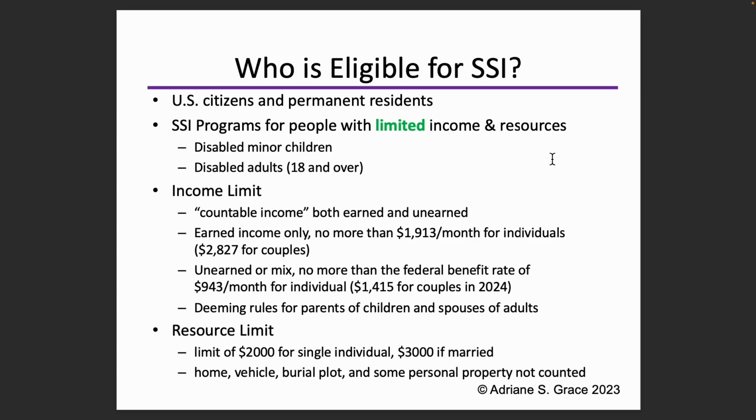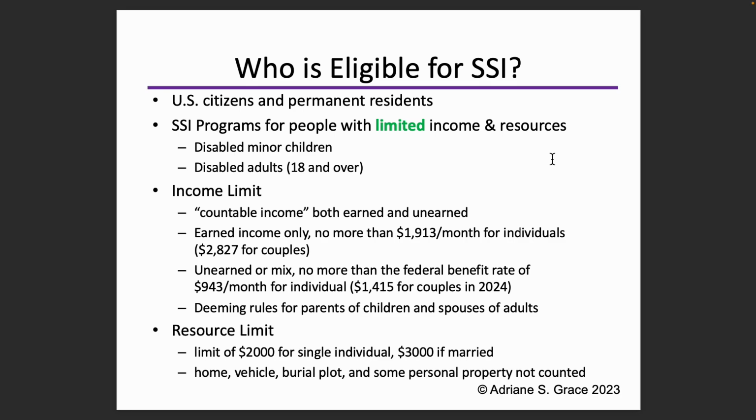Again, it's for disabled adults 18 and over. There is a component for disabled minor children. But because this program is a welfare program, it's for people who can't work and have never worked before. It's going to look at whether you have limited income and limited resources. Some of these rules with regard to income and resources have been around since the 70s and 80s.